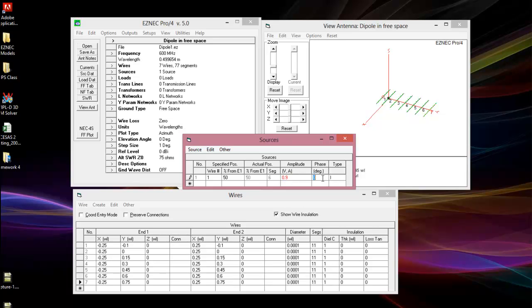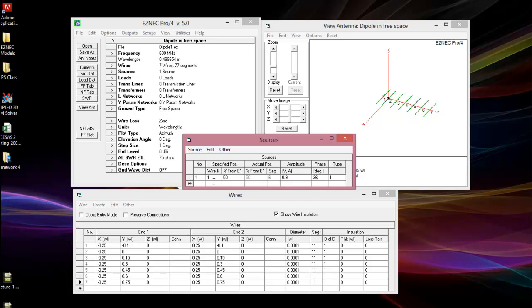So for phases here, assume this is already calculated. For the first wire, which is the reflector, wire 1 has an amplitude of 0.9, and the phase for the first element is gonna be 0.2 times 180, so it's 36 degrees. The type of source is a current, so that's what the problem gives us.